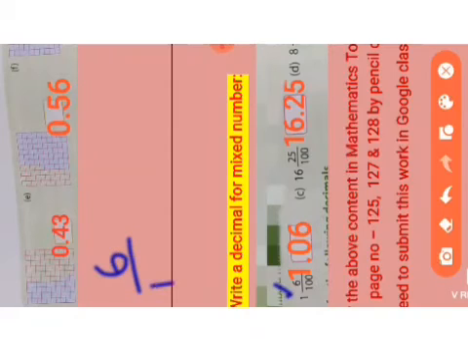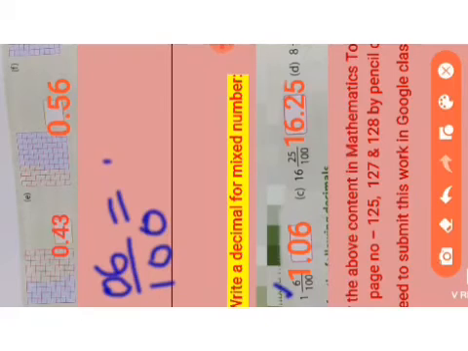6 by 100, that means you will place the decimal just before 2 digits, but in the numerator there is only 1 digit. So I am going to make it 2 digits by putting a 0 on the left-hand side of the number. So now the numerator is 06. So we can write this number in terms of decimal now.